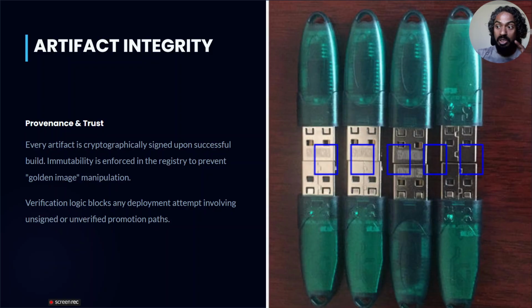Are they actually signed? Can anyone upload directly to the registry? Again, the answers are supposed to be no, right? So if you cannot cryptographically prove where an artifact came from, you're just trusting some vibes. So we need to make sure we have an answer and we have the ability to backtrace and see exactly where it is coming from.